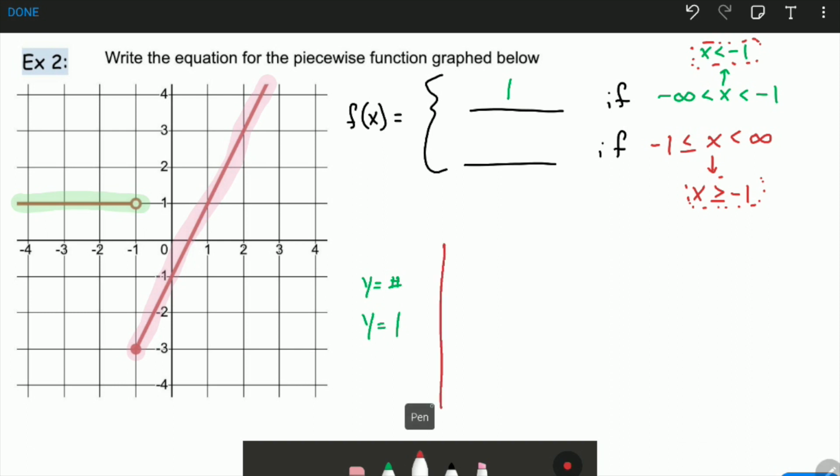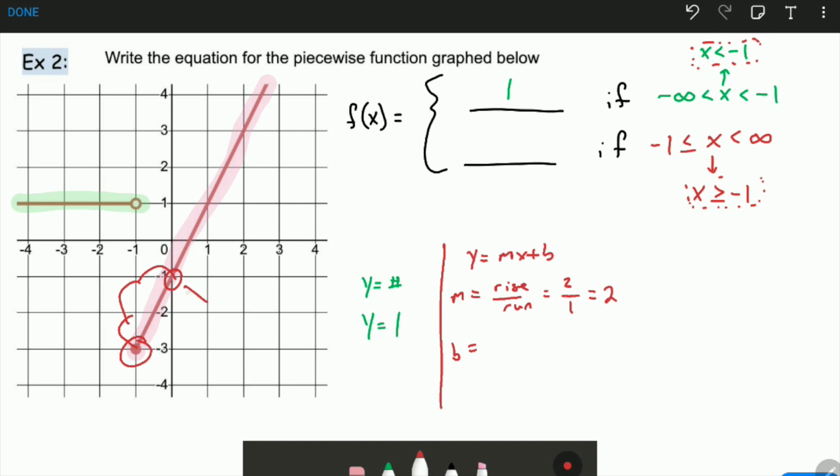Second piece, highlighted in red, we're going to have to use y equals mx plus b, needing our slope and our y-intercept. For slope, rise over run, I'm just going to choose 2 points. I'm going to use this one and this one. We rise 2, and go over 1. 2 over 1 is just 2.